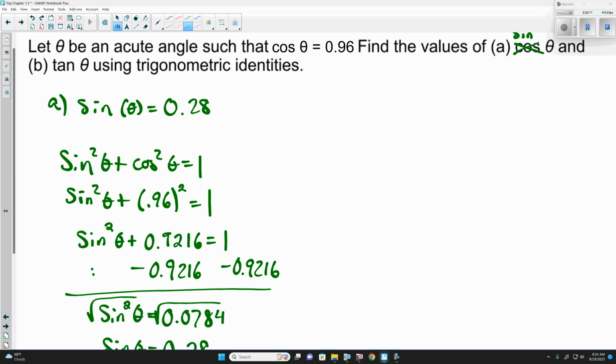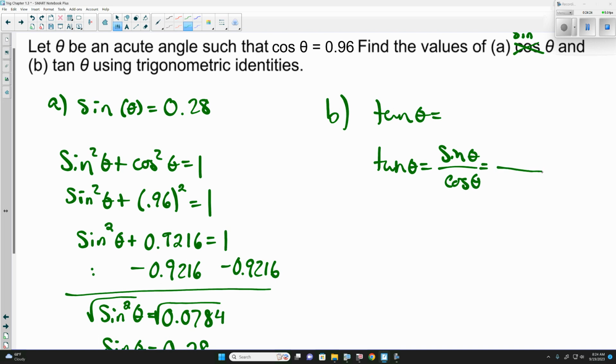Now we need to find tangent. Well, again, tangent is just sine over cosine. Well, sine we found is 0.28.